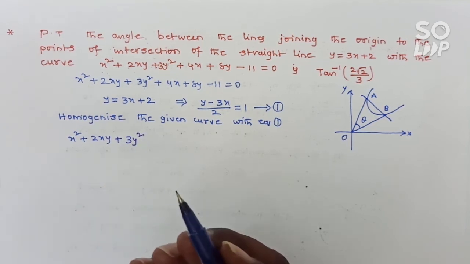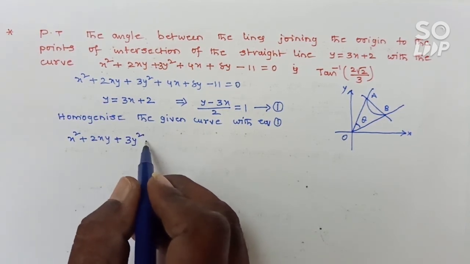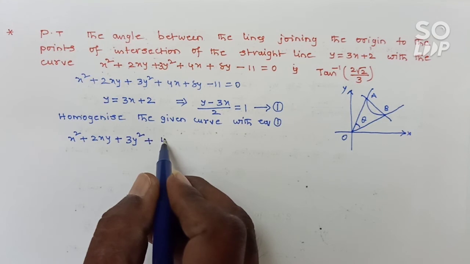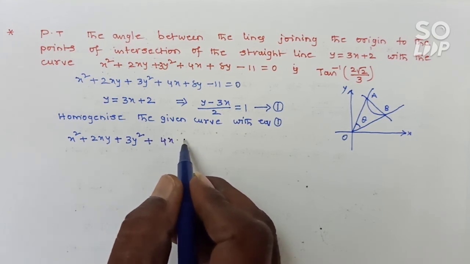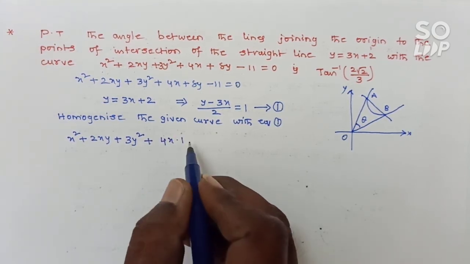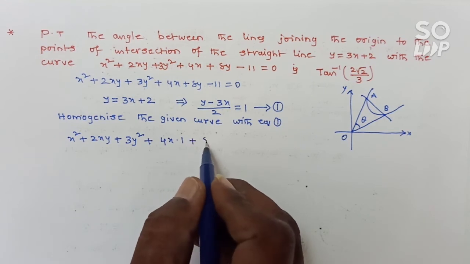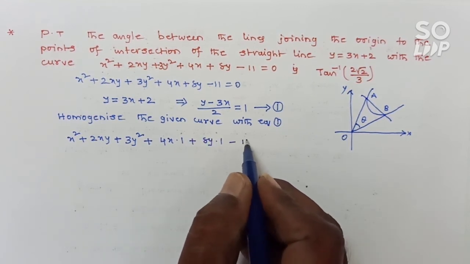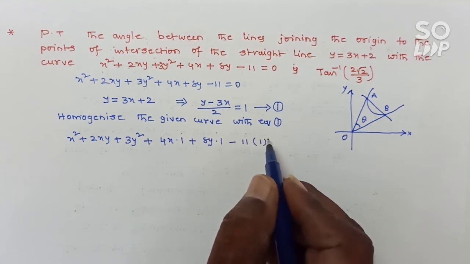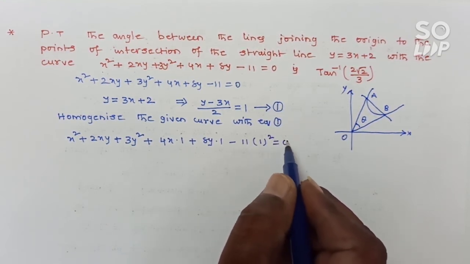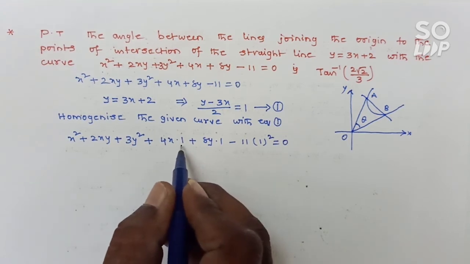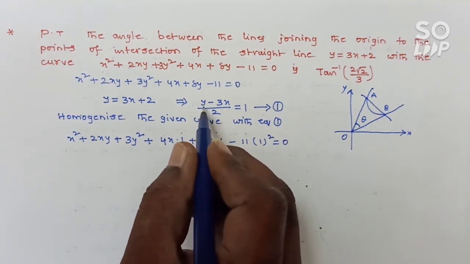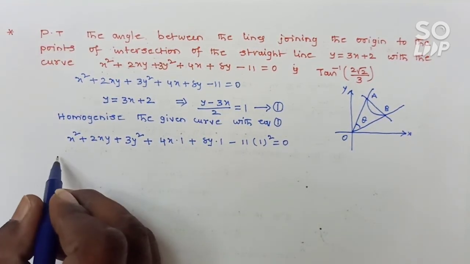Plus the first degree terms, you have to write 4x into 1 plus 8 into y into 1, minus 11 into 1 whole square is equal to 0. Now replace 1 with (y minus 3x) by 2.